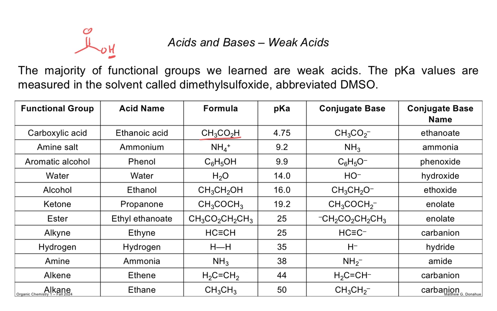And then the fourth column, pKa, that's how the table is arranged. So at the top are the stronger acids. So remember, the lower that pKa number, the stronger the acid. So carboxylic acids have a pKa of about 5.